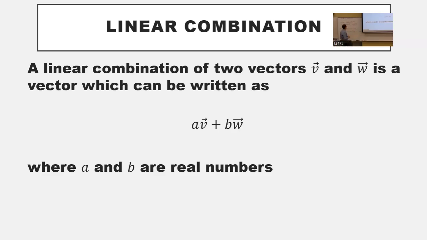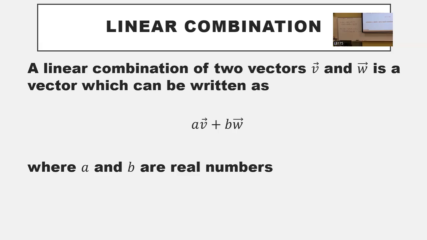So what we just saw is that 18, -2 is a linear combination of V and W, because if I put a 1 out in front of the V and a 2 out in front of the W, I got 18, -2.